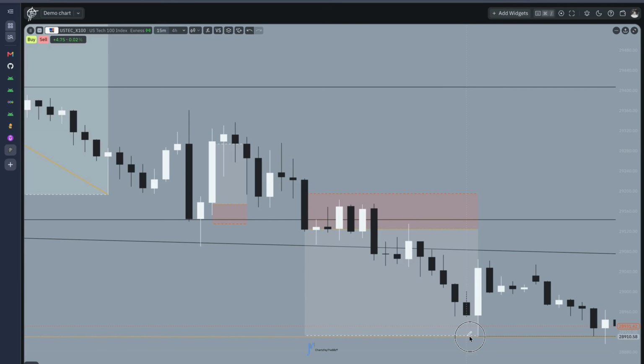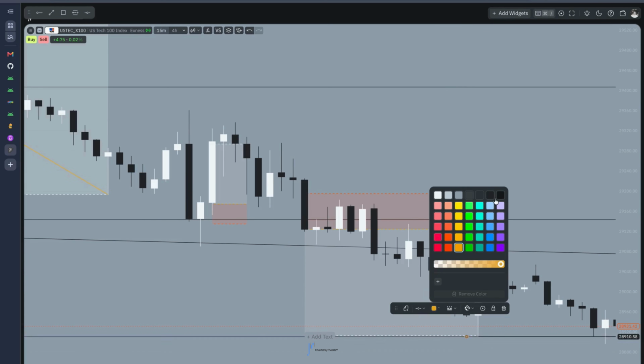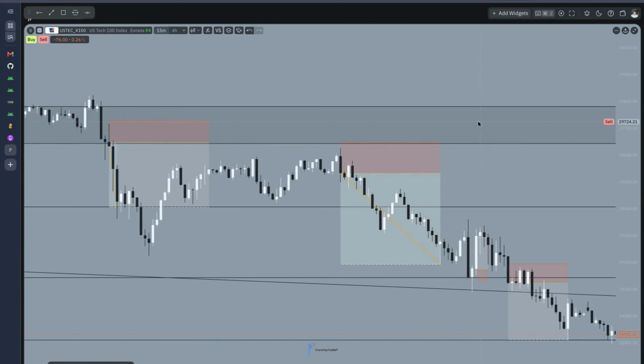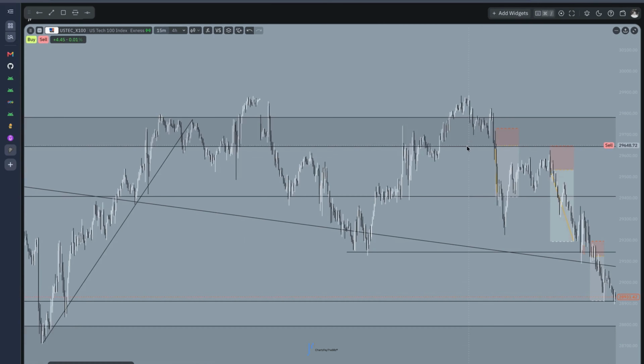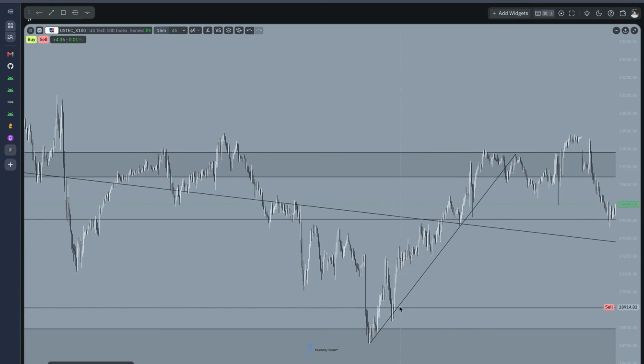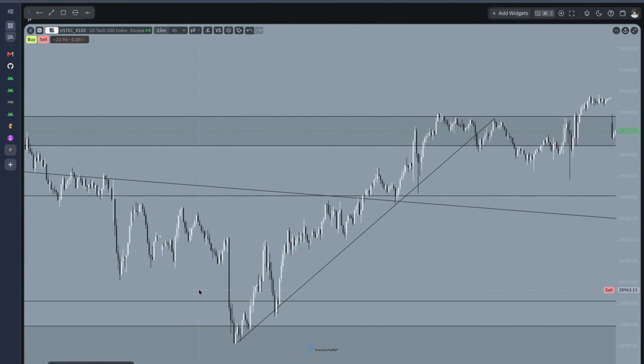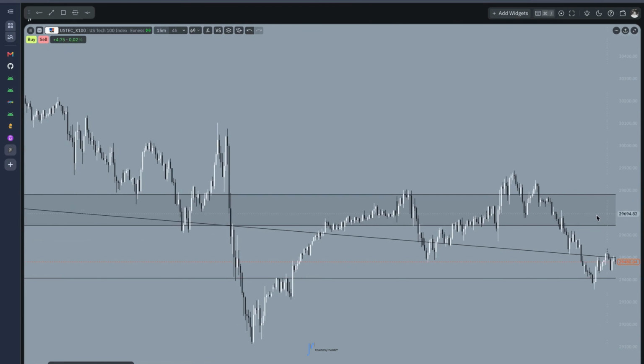Yeah, let's come here, black color. Right, now let's zoom out. See that? Cool. Let's ignore that one. Let's keep going back. See that? Right? Strange candle behavior, strange candle behavior.